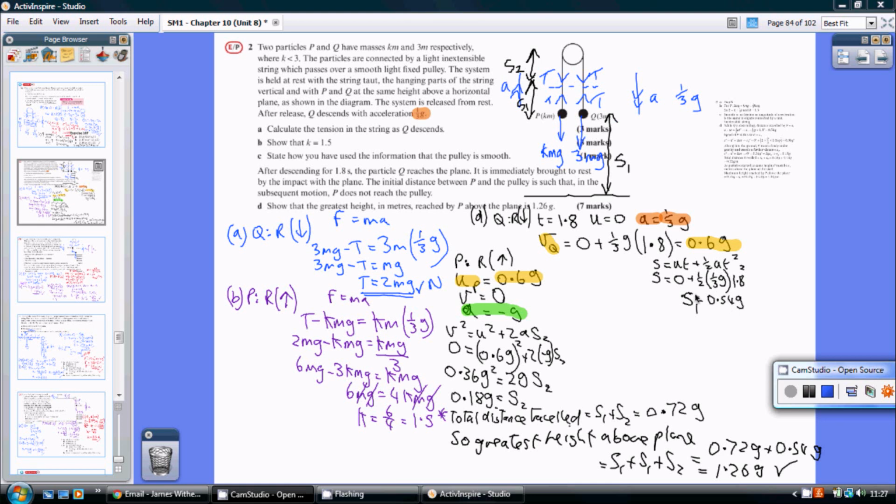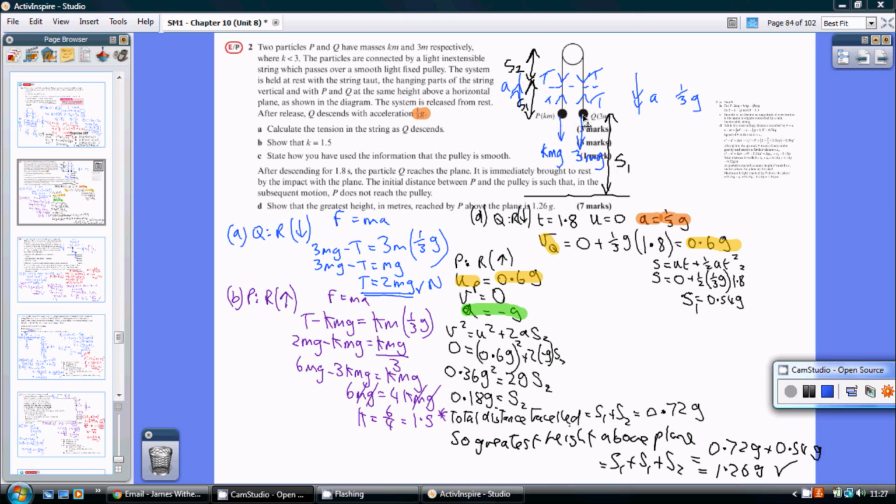Now, this is going to be important a bit later on because we're being asked to show the greatest height in meters reached by P above the plane. So not above where it starts, above the plane. Think about it. The greatest height that P is going to reach is its initial height before it starts, which is S1.